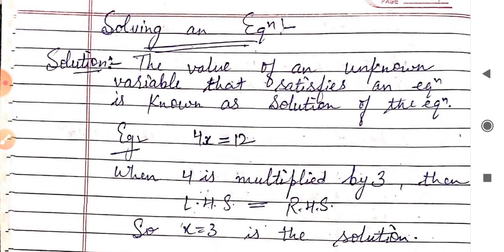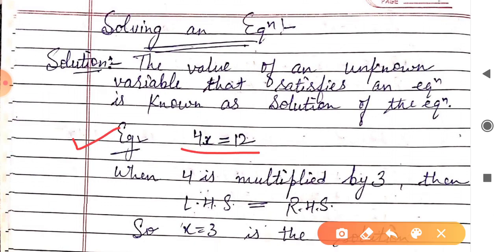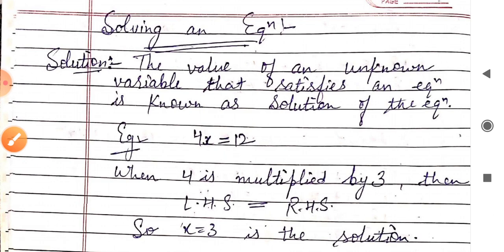And there is one example, 4x is equal to 12. This is an equation. And what is the solution of this equation? How can we solve this? We already know that when we multiply 4 and 3, then it is equal to 12. So 3 is the solution of the given equation.